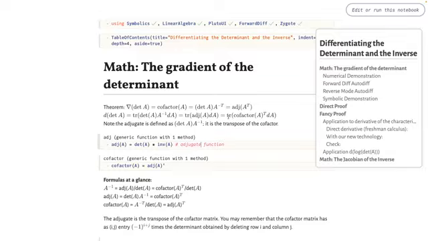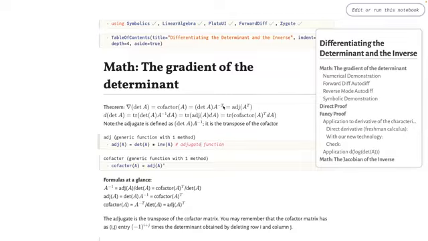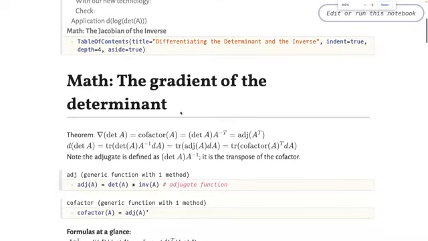So if I understood correctly, last time you got the answer for what is the gradient of the determinant? I did not derive it, I just gave the answer. There are a few different formats. The first one is the determinant of A times A inverse transpose. That's the first one, and the other is the cofactor of A, which is one of those linear algebra terms that you may or may not remember.